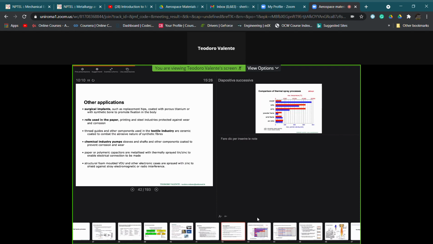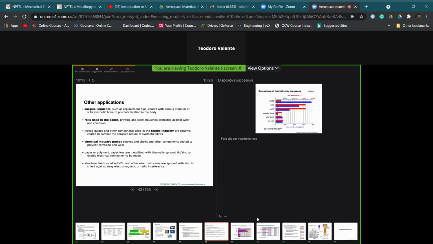But surgical implants, I told you before, are another application. Rolls used in paper fabrication, very long cylinders, some meters of diameter and some meters long, are coated with wear-resistant coatings in this way, because paper during the fabrication phase is a very aggressive material in terms of tribological loads applied to the surface.